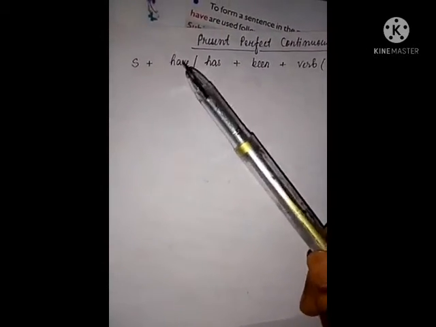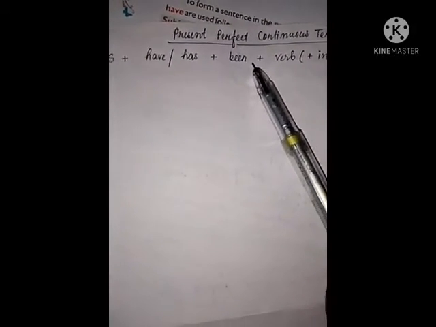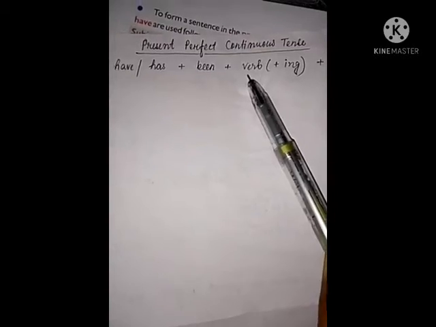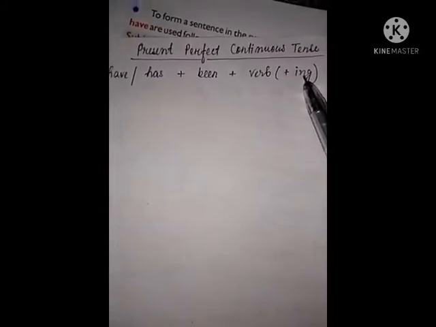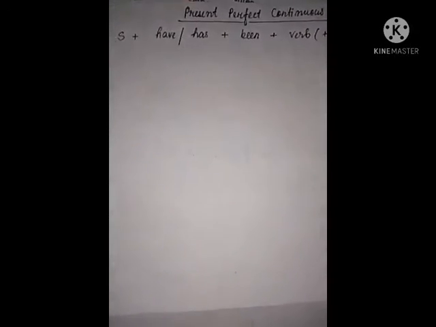Okay, do you remember or not? Go and check yesterday's video. Okay, now see, after have or has we have to use been plus verb plus ing. Okay, plus object. If there is any object then add that.